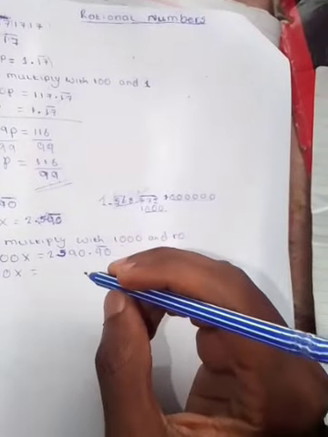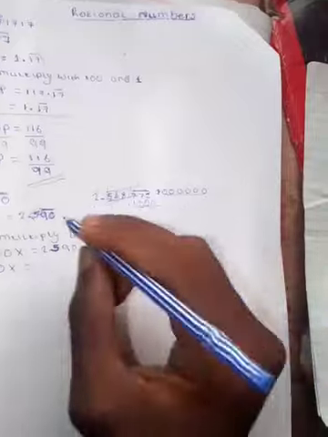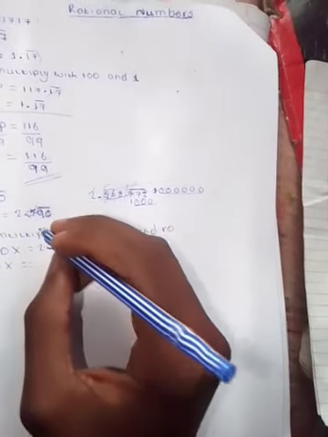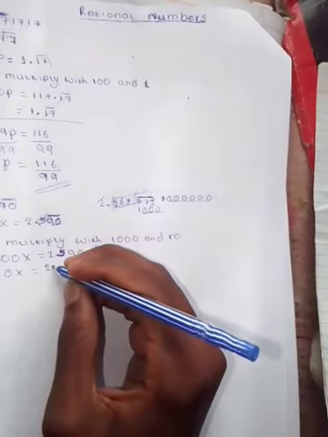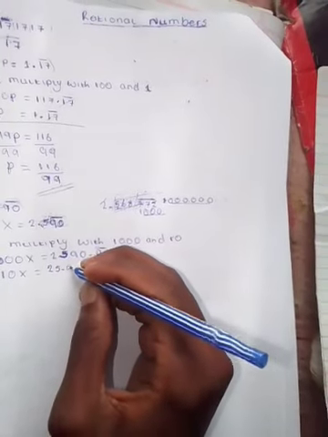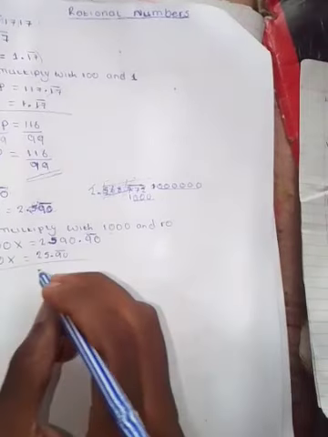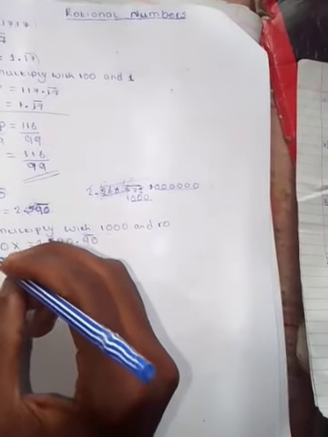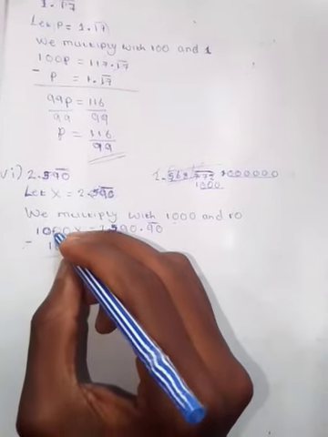So now you are going to multiply with 10 to eliminate this 5. So now it is going to be 25.90. Then we are going to subtract 1000 minus 10.